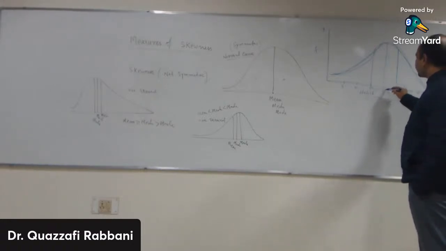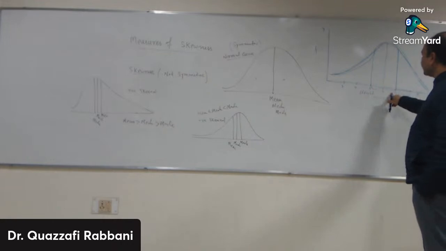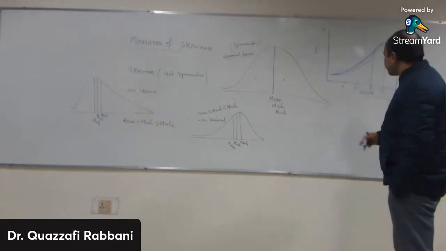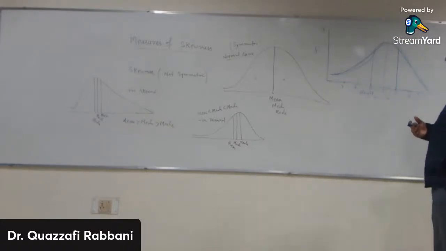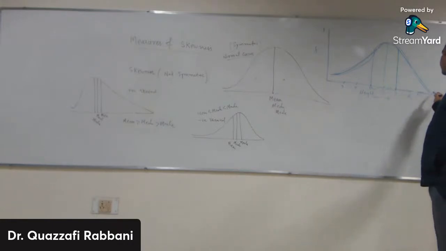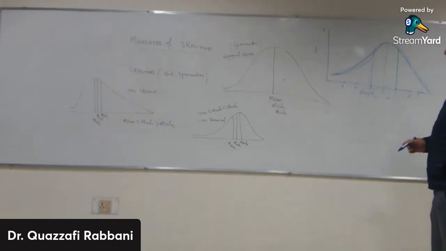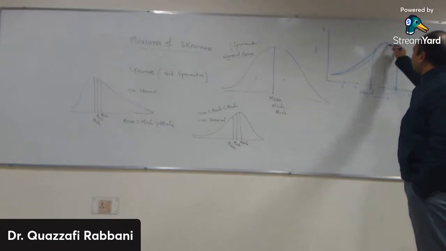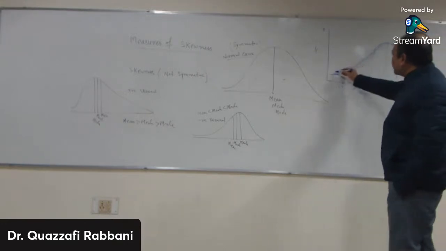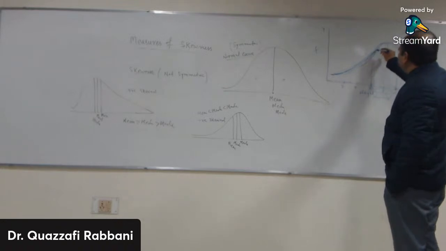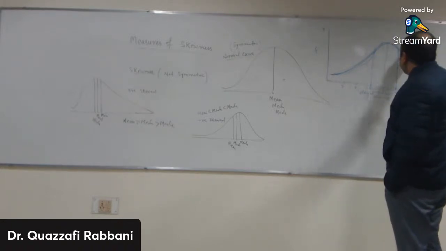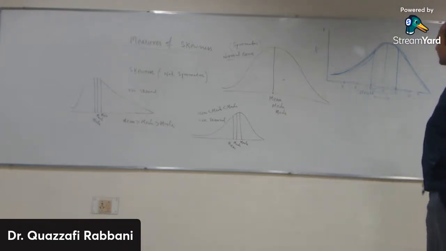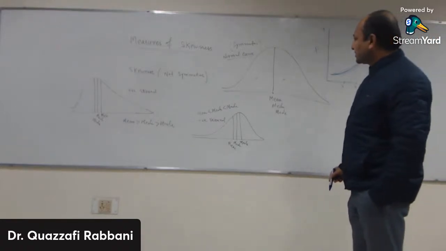So frequency starts from low, goes to the high peak, and again goes down. This curve is generally known as normal curve.